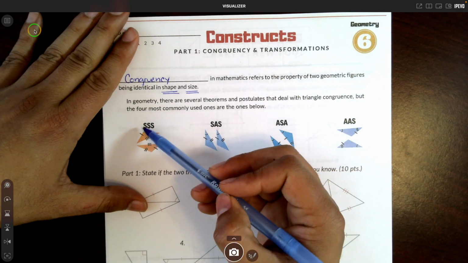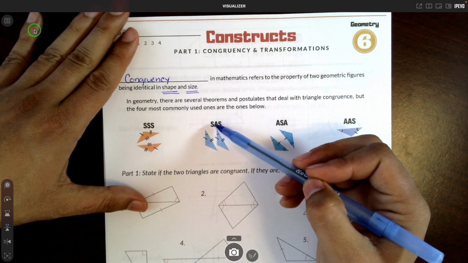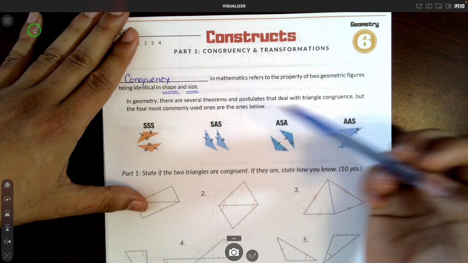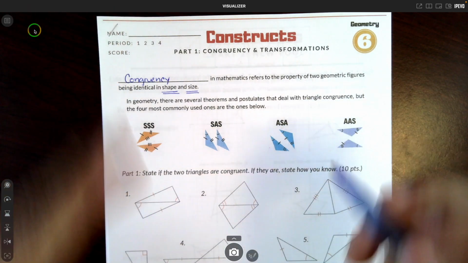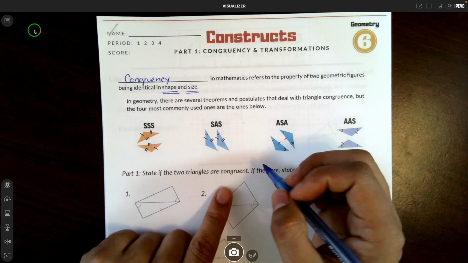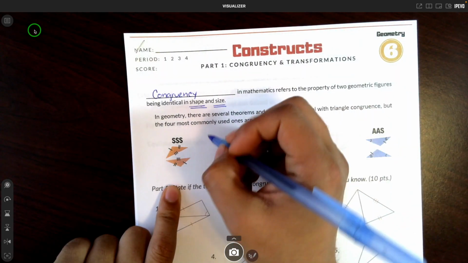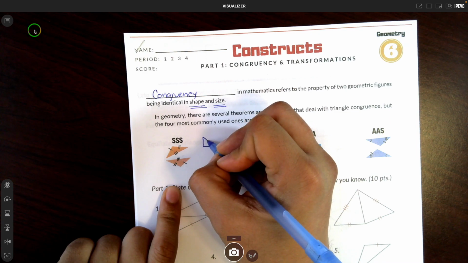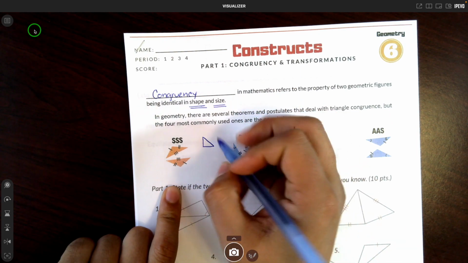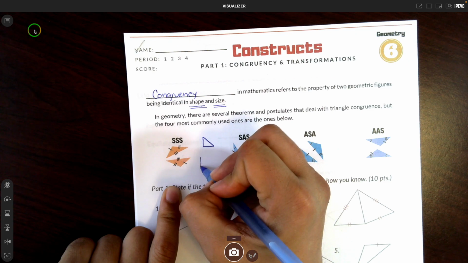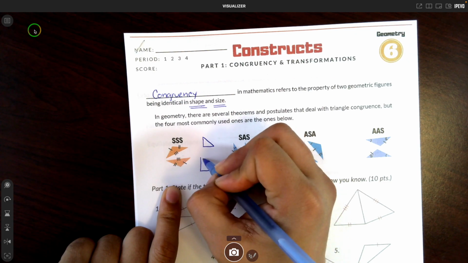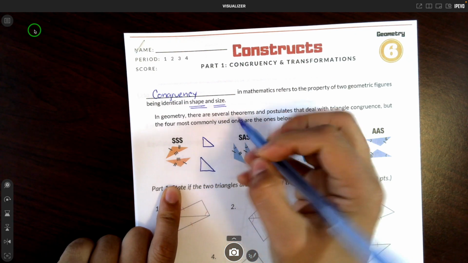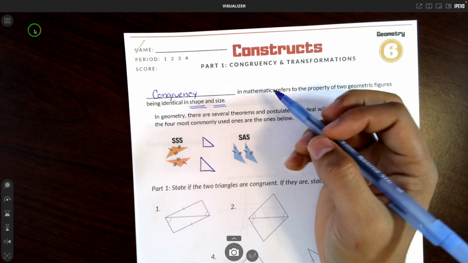So anytime you see the S, that means side. Anytime you see the A, that means angle. Okay? Now let me explain something. If I have one triangle here, and then I got another triangle, and I'm going to make this one a little bit bigger, you would say these are not congruent, right?